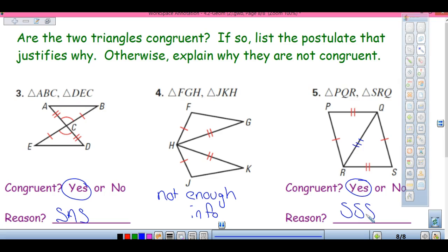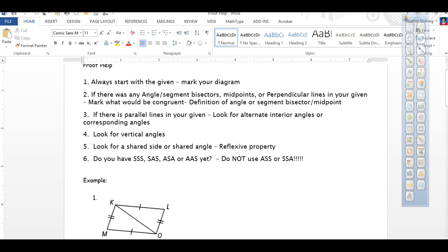Okay. I also have this that I think might help us with our worksheets. When you are doing your proofs, you always start with your givens and you mark your diagram. Then, I know we haven't really talked about it today, but we'll get into it a little bit more tomorrow or next week.